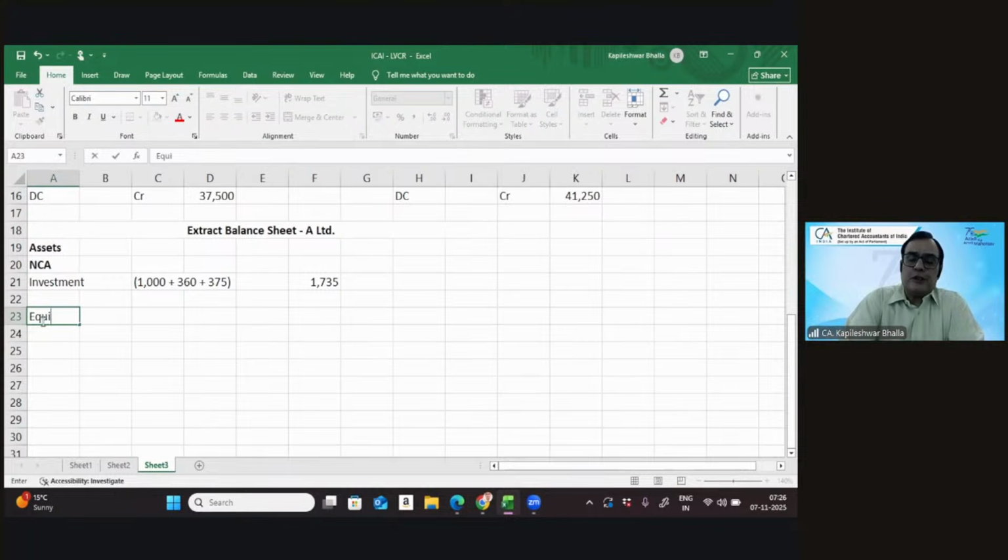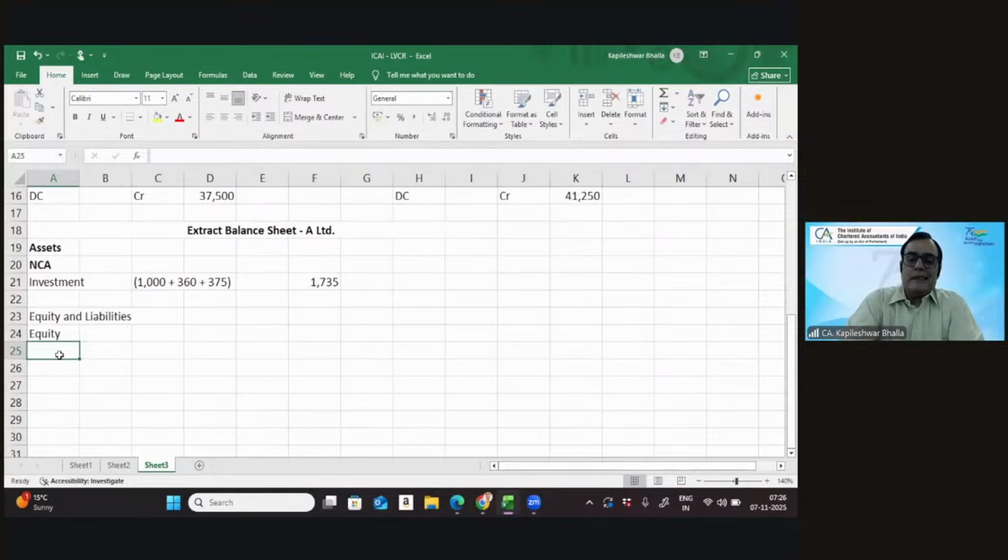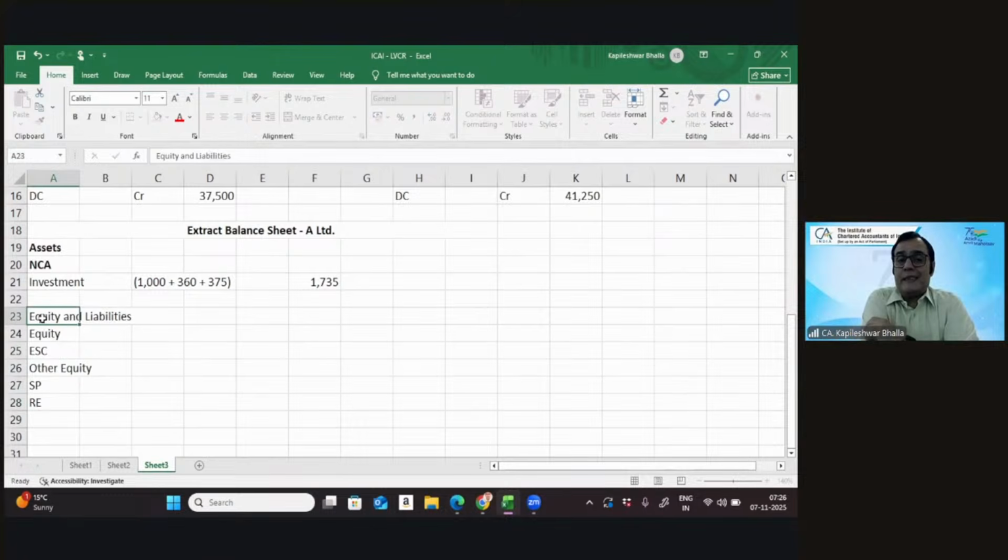Now we need to do the changes on the equity and the liability side as well. In terms of the equity, we're going to make changes in two elements. One is the equity share capital, and the other is the other equity. In other equity, you've got changes in share premium and changes in retained earnings.